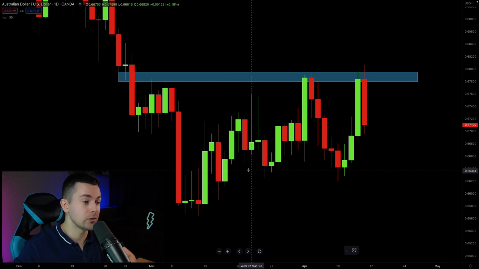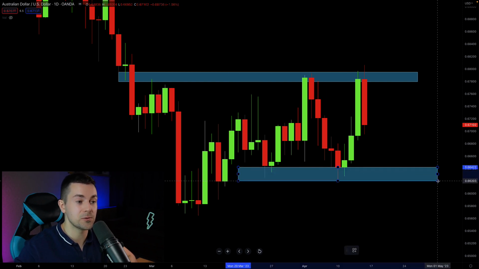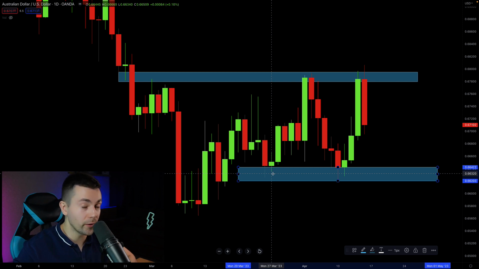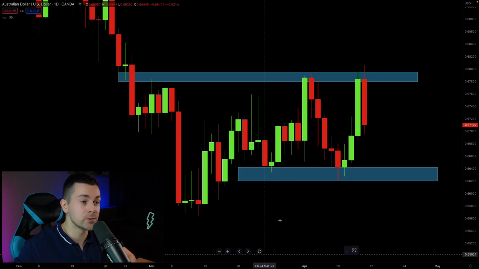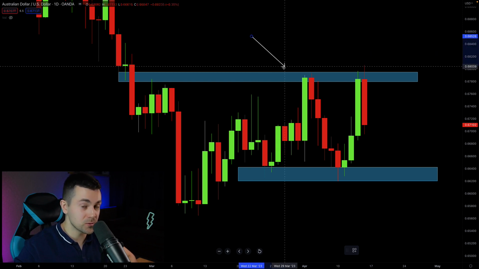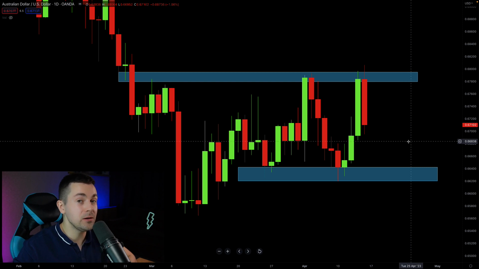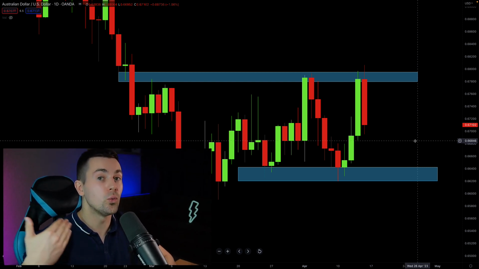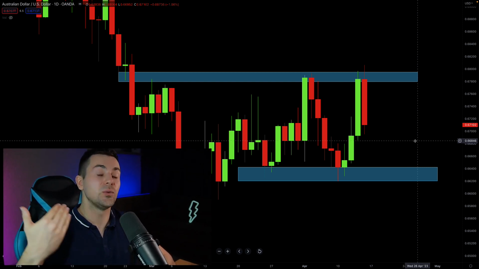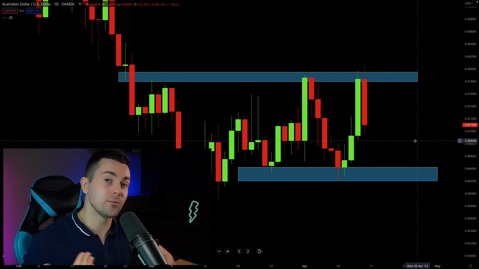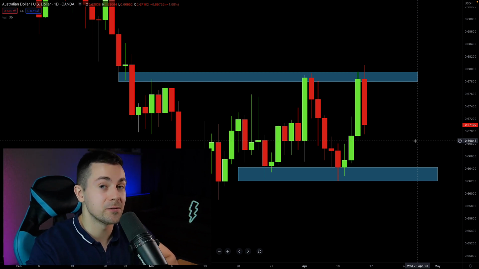And here we can also spot that very strong support. And you can see how nicely the market reacts to that support. And of course, from that resistance and from that support, we could catch very nice moves. So we are trading from key levels, and we assume that trading from key levels, we can make nice profits.